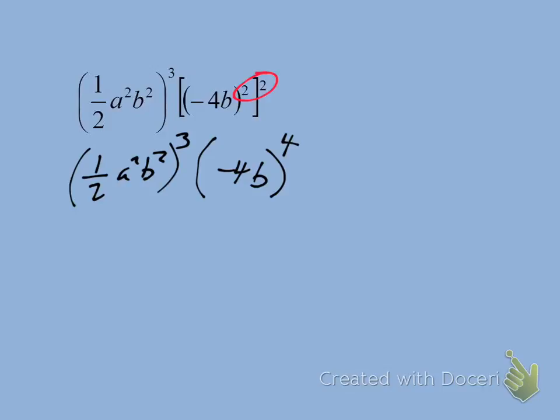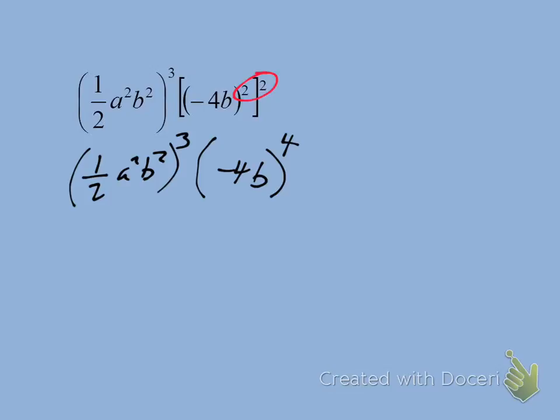The question is, what's 1/2 cubed? You can put it in parentheses in your calculator, but doing it in your head is a lot easier. What's 1/2 cubed? Do I like decimals? Get out of here. 1/8. 1/2 times 1/2 times 1/2.